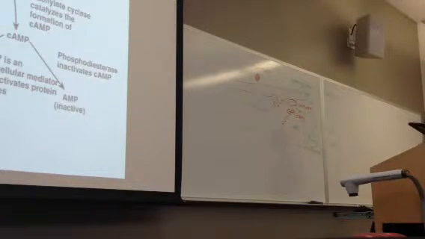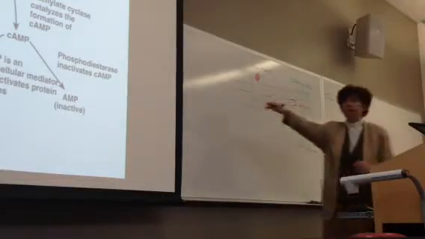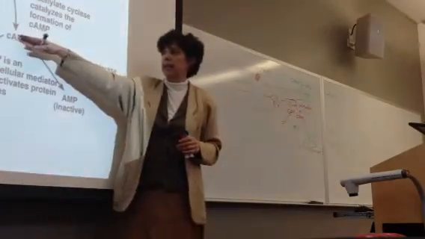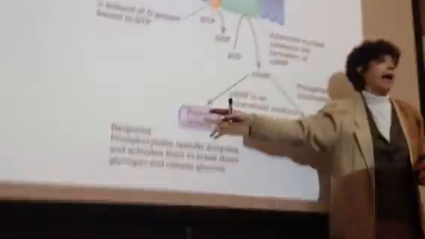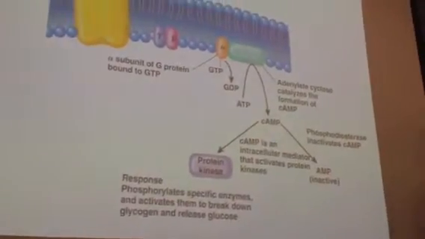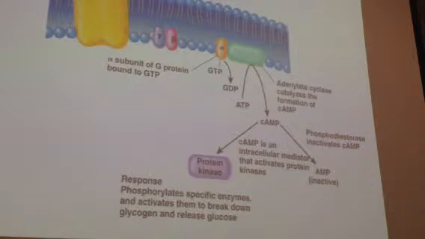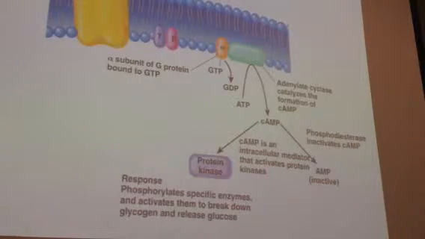Okay. So this is where we are on the diagram. Cyclic AMP now functions to activate hundreds of other enzymes in the cell known as protein kinases.